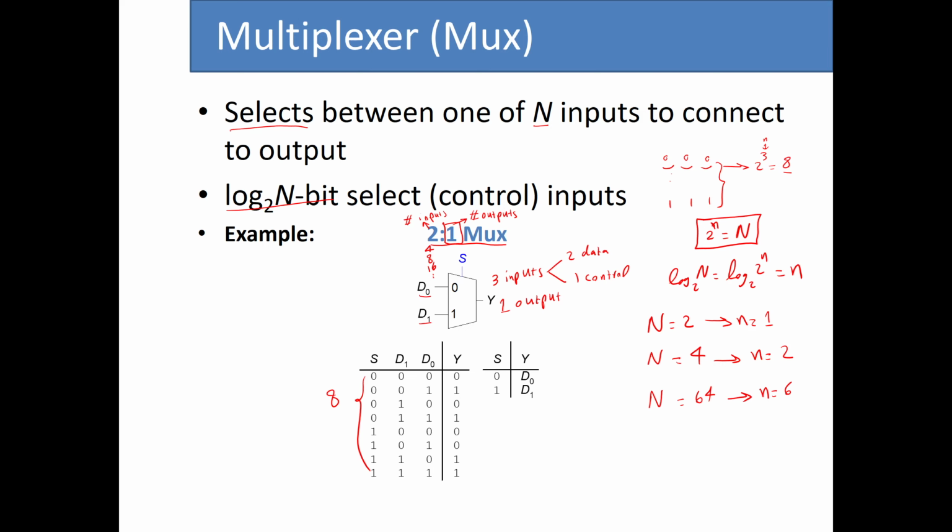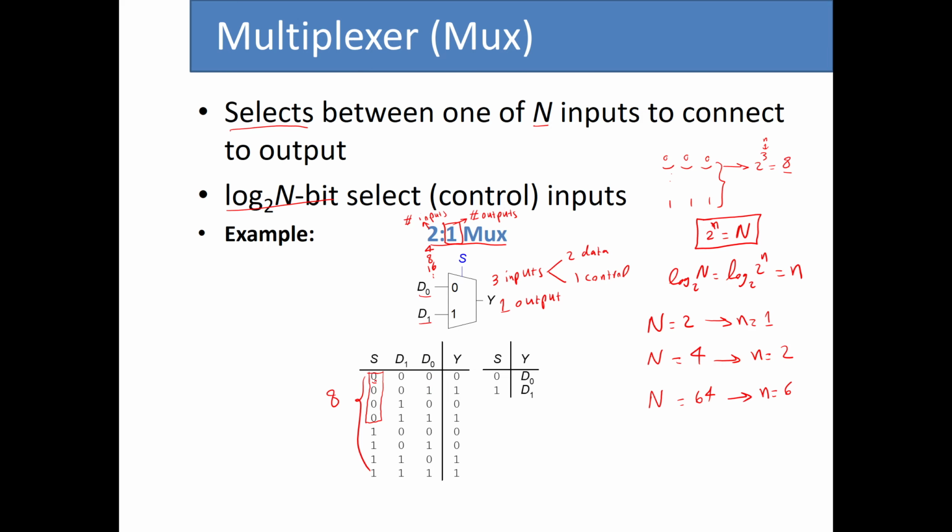So now the way the multiplexer works is that depending on the value of S, it is either choosing D0 or D1 to be delivered to the output. So we define it here as when S is 0, like for these 4 rows, the value of Y equals the value of D0.